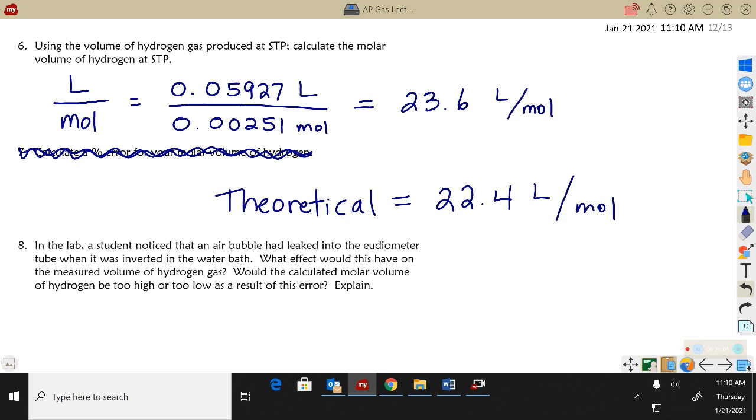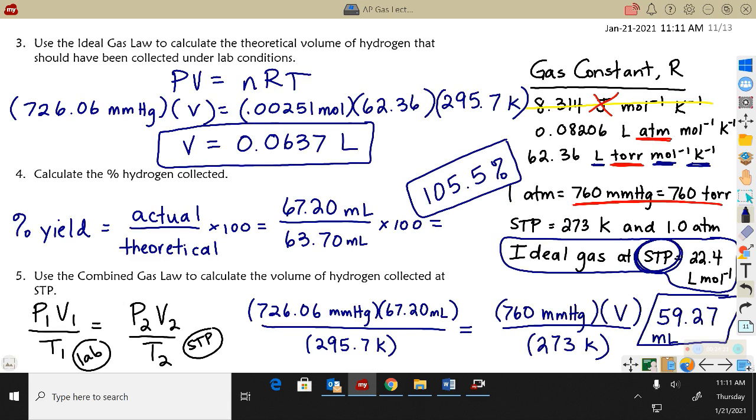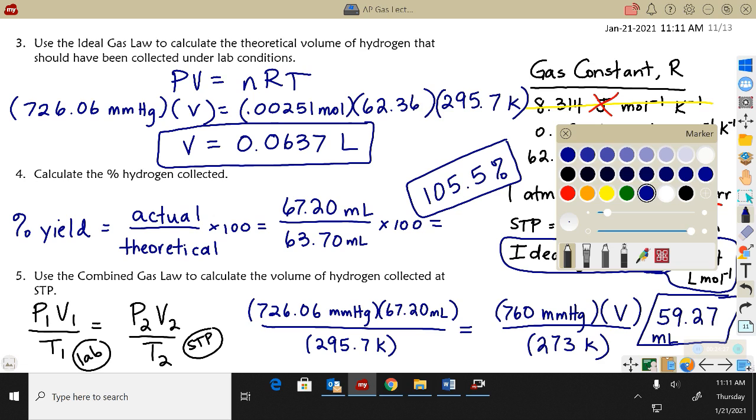That's the volume of 1 mole of any gas, because the volume would just depend on the number of particles if we were at the same temperature and pressure. Okay, so again, we're a little bit high, but so was my percent yield. It seemed as though I had a little too much gas, which is why I don't need to calculate a percent yield and a percent error.